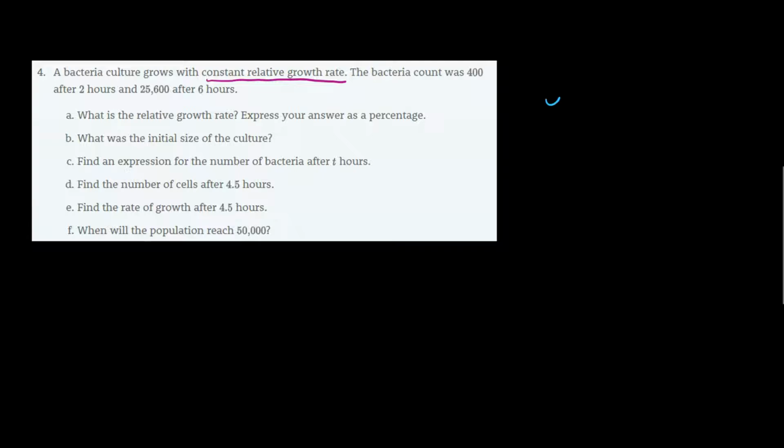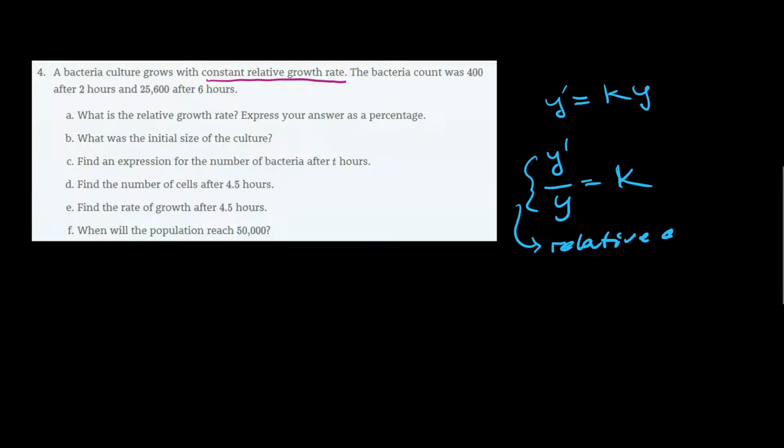So what we had was y prime equals k times y. Now if you divide by y on both sides, this is k. And the left-hand side of this is called the relative growth rate because it is the growth rate relative to the actual population size. So it's the growth rate divided by the population.